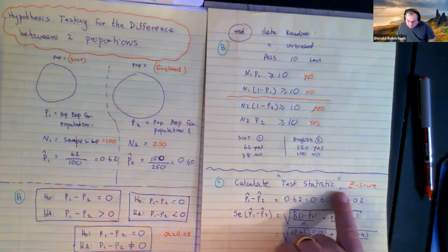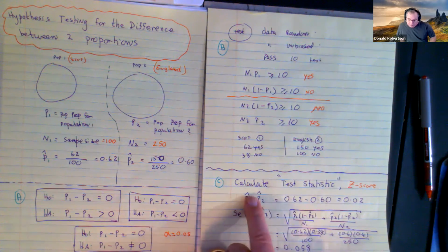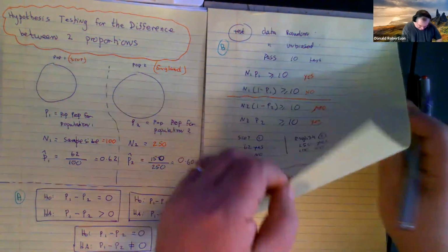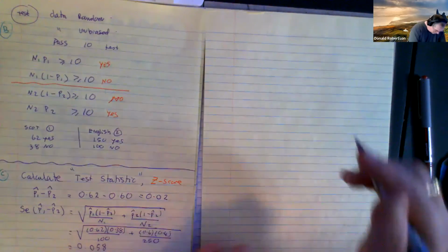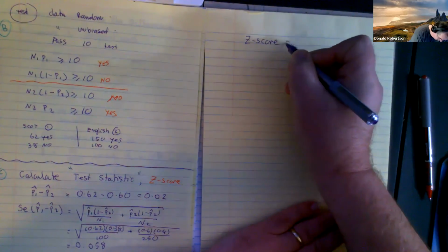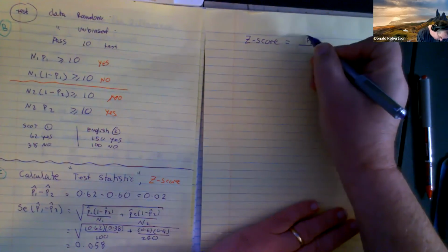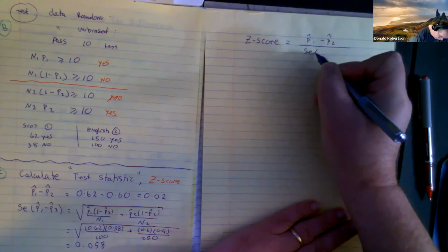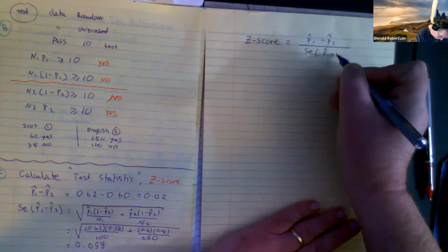Now, we haven't got to the test statistic, but we need to know this number and we need to know that number to get the test statistic. And the formula for the test statistic, called the Z-score, is P1 hat, take away P2 hat over the standard error.